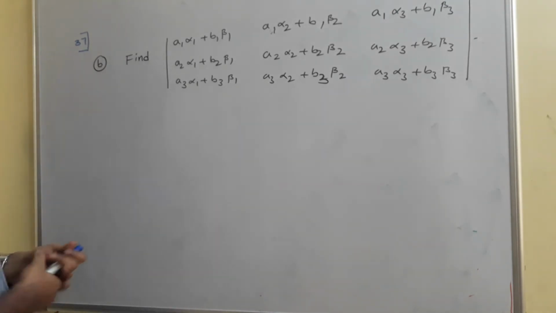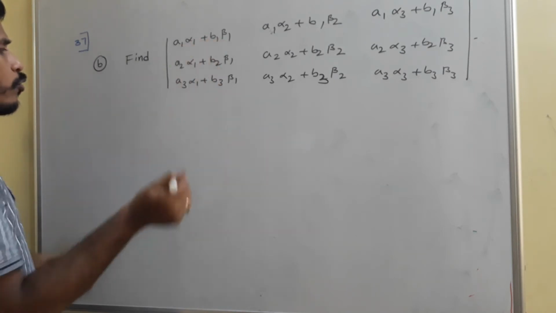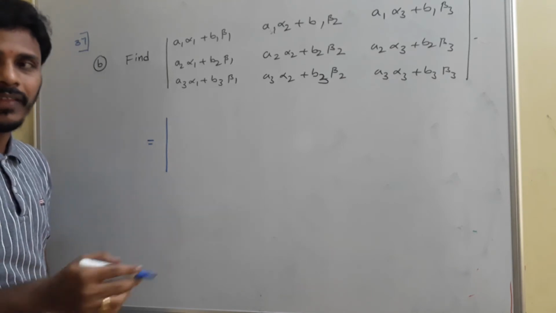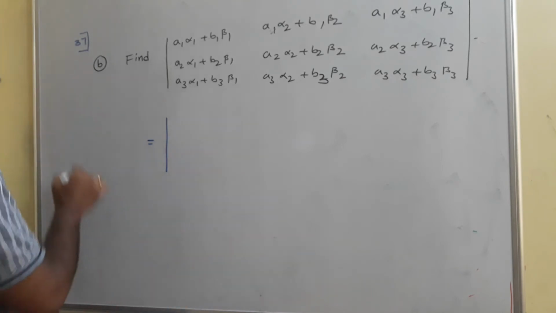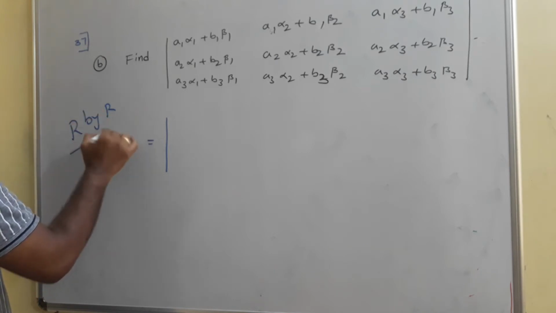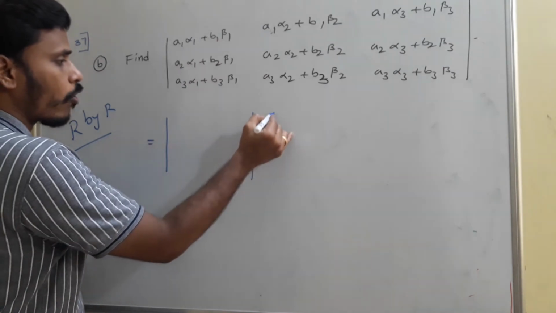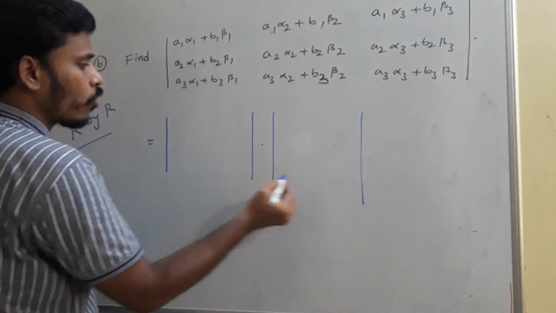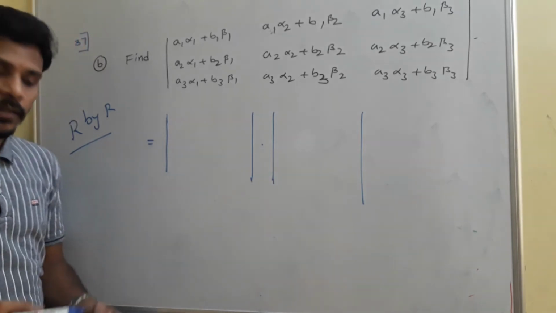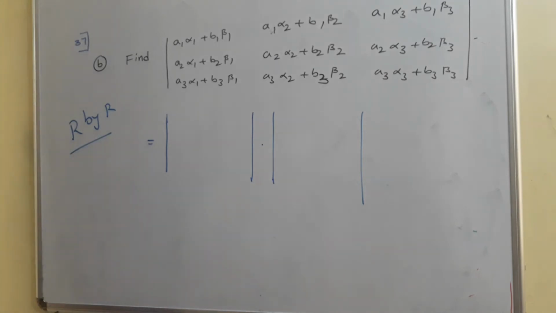How can we express it? Here it is A1 alpha 1 plus B1 beta 1. So I may choose any one of the four choices, row by row or column by column, anything. Suppose I choose the row by row option. I am trying to express this determinant as a product of two other determinants. So I need to write two determinants here, and at the end, if you multiply row by row, the product is directly equivalent to the given one.